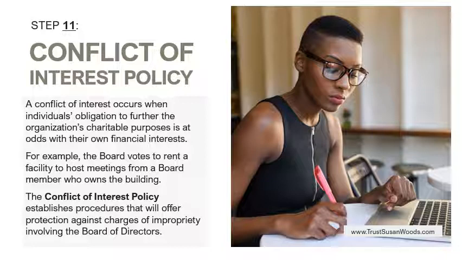What happens is when board members take advantage of their positions and start to do things that are in conflict with what the organization stands for, they start to use the nonprofit organization for their own financial gain, whether it be, in this example, renting a space for the nonprofit that they own, therefore earning the money from the rental fees, or hiring people who they know are not qualified for certain positions because they are a relative or a friend, or getting money under the table to have unfair influence when board decisions are made.